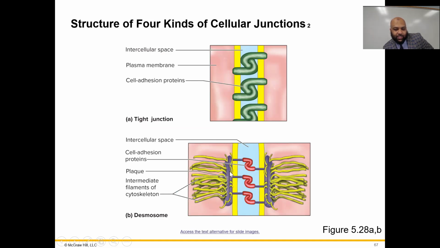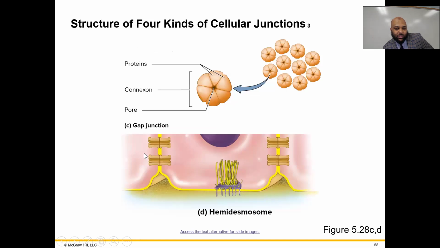That represents a desmosome, where the cell adhesion molecule is not immediately attached to the cell. It's actually hooked to a plaque, and the plaque is hooked to the cytoskeleton.